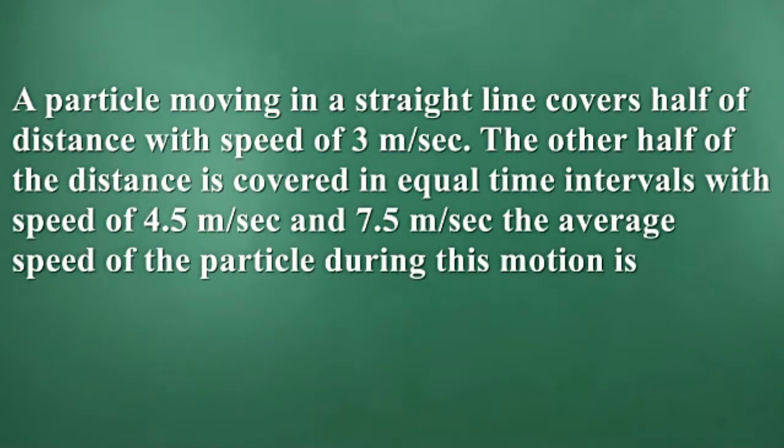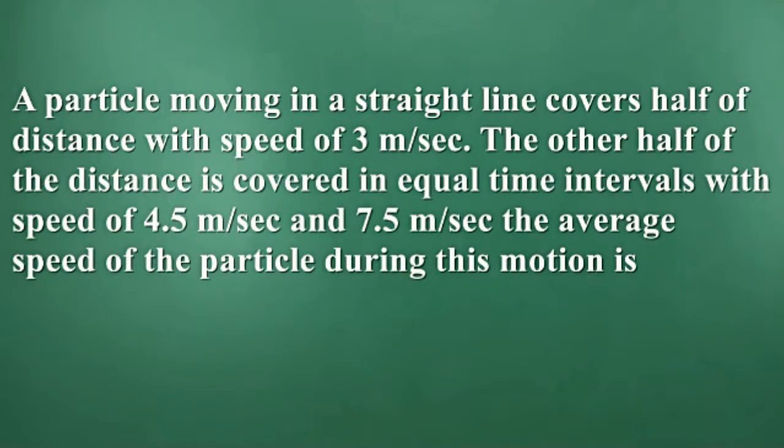Similar to the previous problem. A particle moving in a straight line covers half of the distance with a speed of 3 meter per second. The other half of the distance is covered in equal time intervals with speeds of 4.5 and 7.5 meter per second. Then we have to find the average speed. Okay.